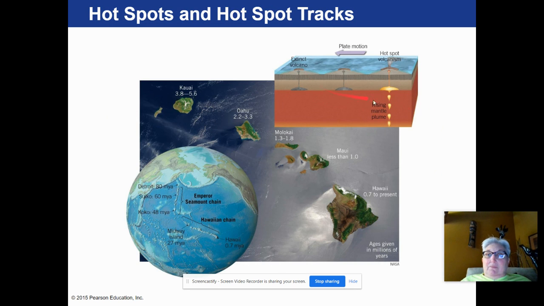The hotspot or mantle plume, whatever you want to call it, is what is creating an island like the Hawaiian Islands, which are all made from volcanic rock.